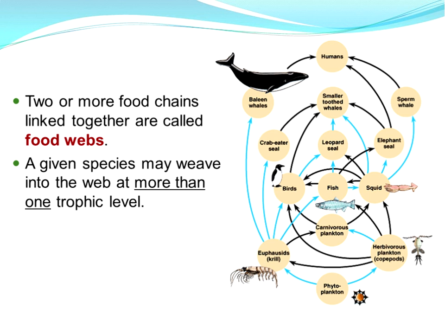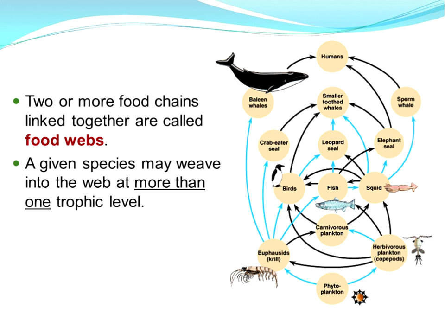We might eat plants, we might eat fish, we might eat squid. We can eat all kinds of things. So this just shows you that a food web is all the different possible ways that energy and food can travel through the food web from one level to the next.